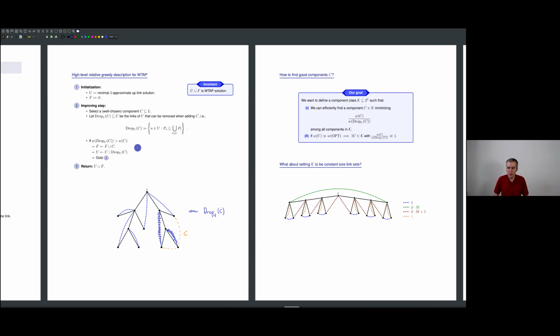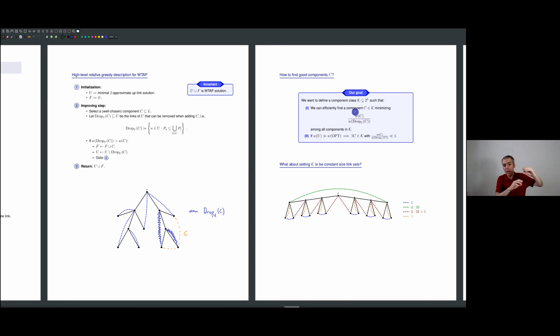You're going to do this as follows, and that's a common strategy in relative greedy procedures. We first define a component class for certain types of components. A natural such class would be components containing at most constantly many links. We would like to have two properties of the class. One is that we can efficiently find a component that minimizes the ratio of the cost that will be added by adding the component over what we win, what we can drop.